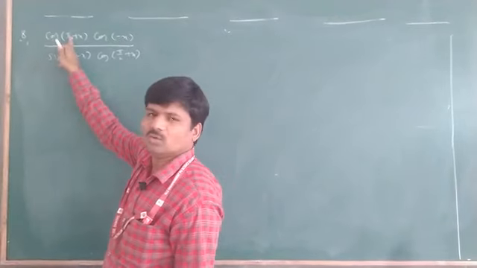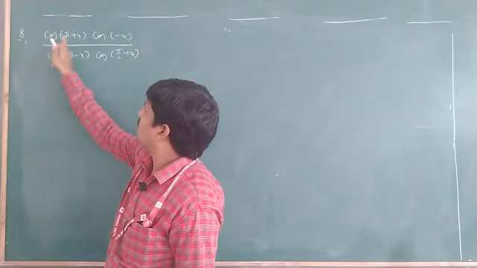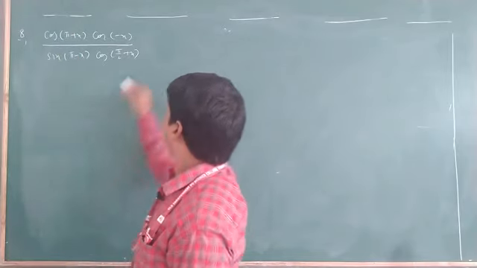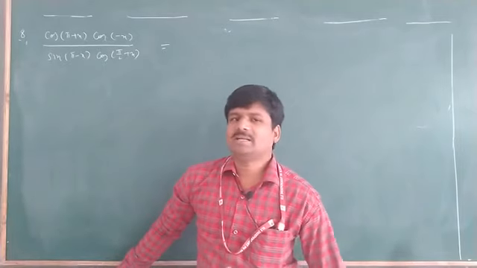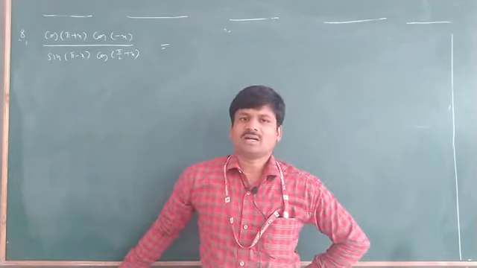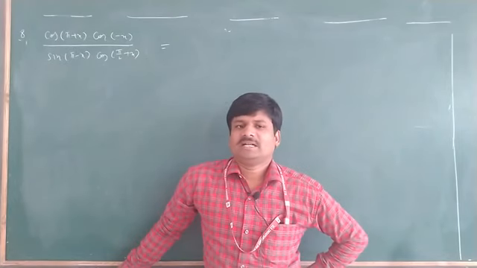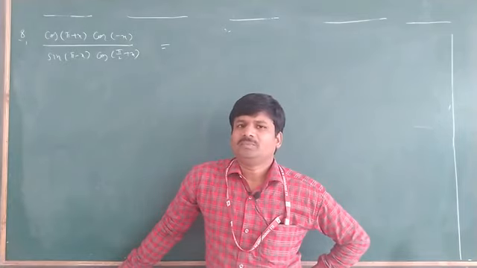Cos, what is it? Pi means 180. 180 plus x or 180 plus theta. Cos of 180 plus theta, which form is it? In which quadrant does it lie? 180 plus theta means third quadrant.